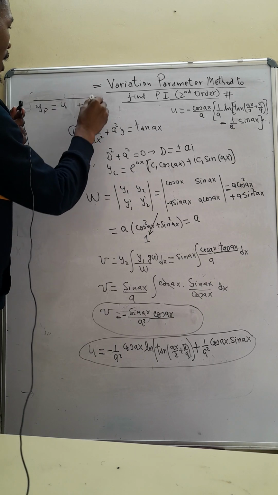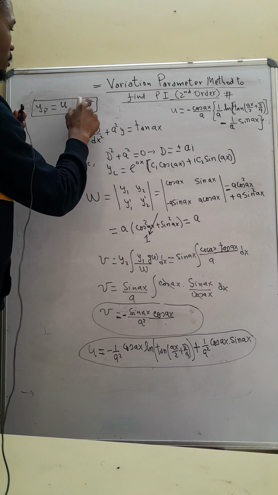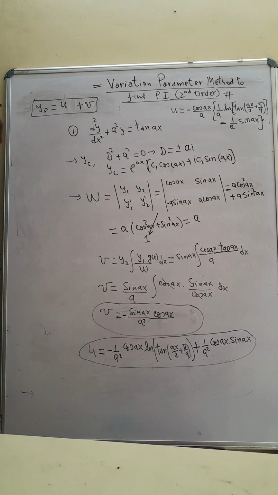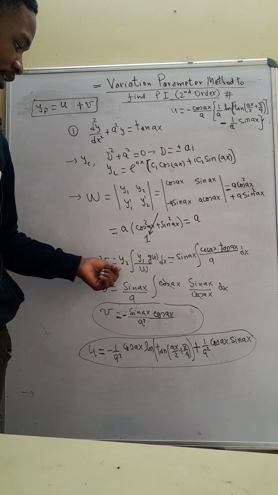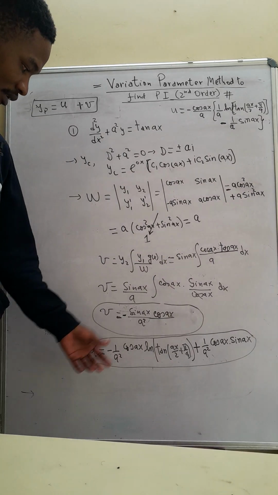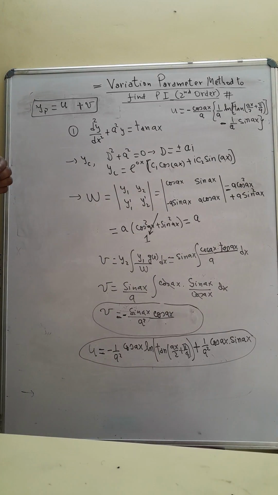In this case, yp will be only u plus v. Okay. u plus v. Why u plus v? Because here I consider v as y2 times this guy. Okay, so this is the complete one. And u I consider as what?